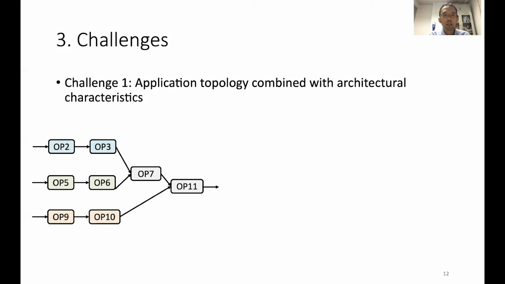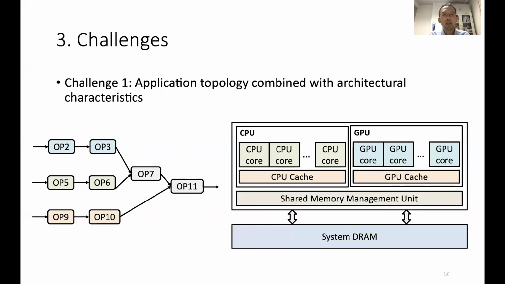First, the relation among operators could be more complicated in practice. The operators may be represented as a deck instead of a chain, which contains more parallel acceleration opportunities. Second, with architectural characteristics considered, such as the CPU and GPU architectural differences, the topology with computing resource distribution becomes very complex.